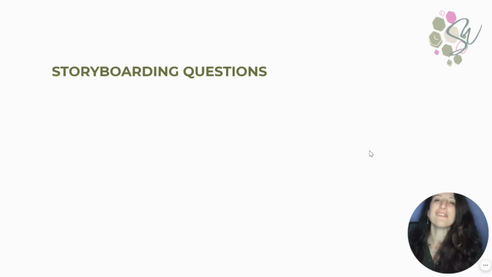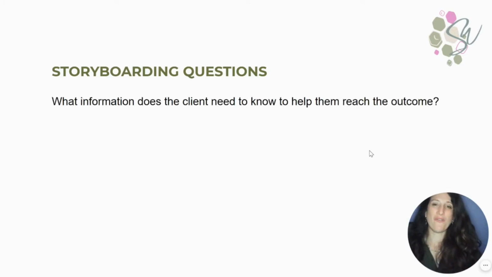So I wanted to give you some examples of questions that you should be asking yourself to help you understand what to put in your storyboard. So first, ask yourself, what information does my client need to know to help them be able to reach that overall outcome?